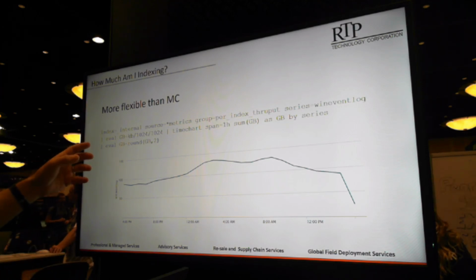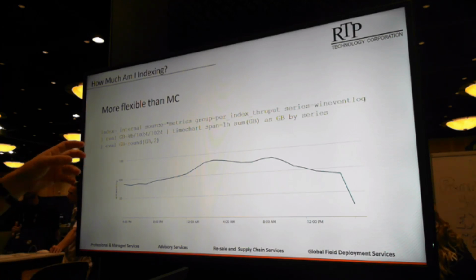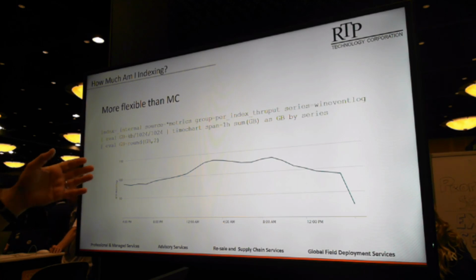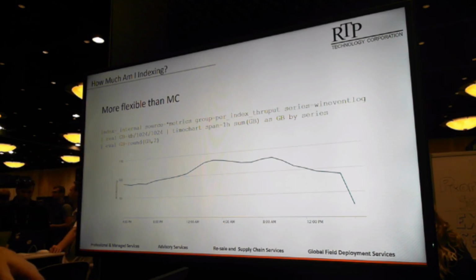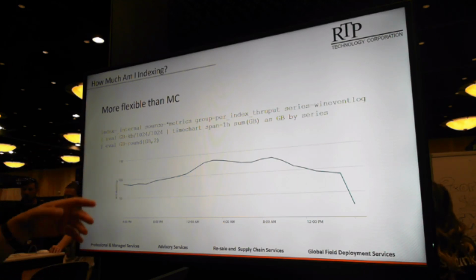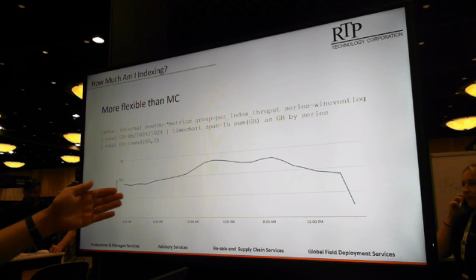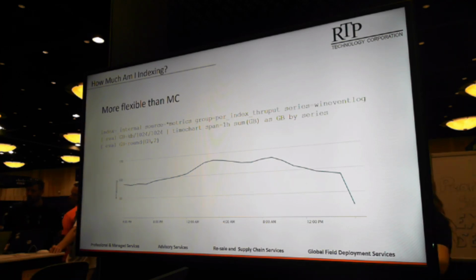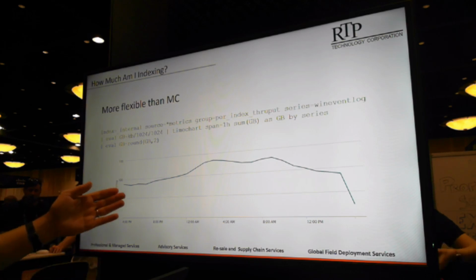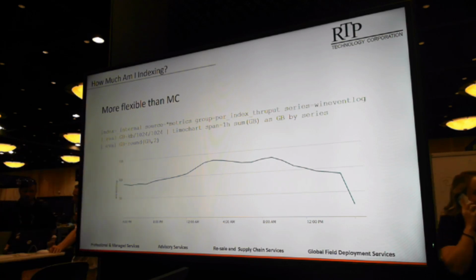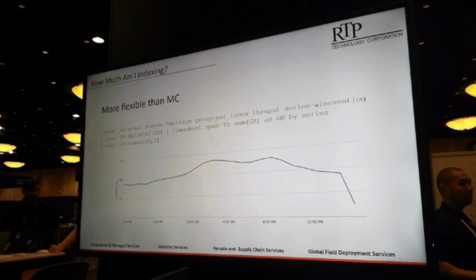The remainder of this query is converting bytes that are stored in the log into gigabytes to make it easier to display on the visuals. And then we put that into a time chart. So now we can see over the period of time, this is roughly 8 hours, how much have we indexed? So we can see peaks and valleys over the course of a day or so.